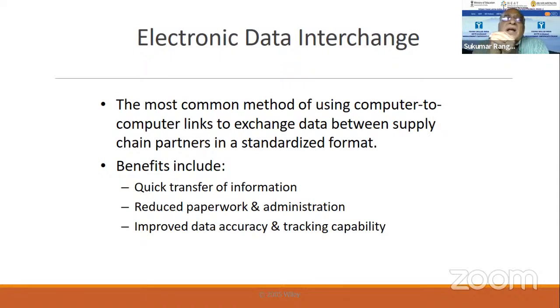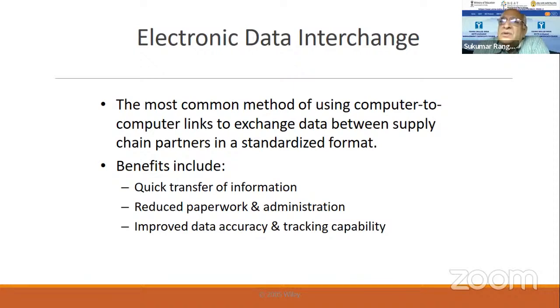All this today is possible because there is a backbone which has been created for electronic data interchange, which is a methodology for computer-to-computer linkages across the entire supply chain partners in a standardized format. In fact, many organizations do not now place orders in the physical format.